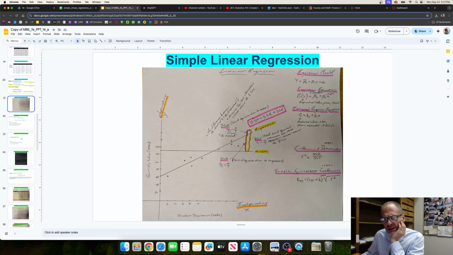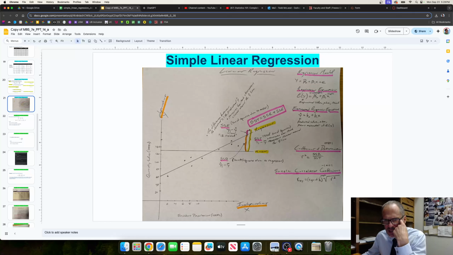And we calculate our coefficient of determination by having SSR and dividing it by SST. So it's going to be this amount here, which is our SST, divided into this amount. So SSR over SST, and that gives you the proportion of this distance here, the distance from the mean to the regression line, as a percentage of the total from the mean to the point for that ith point.